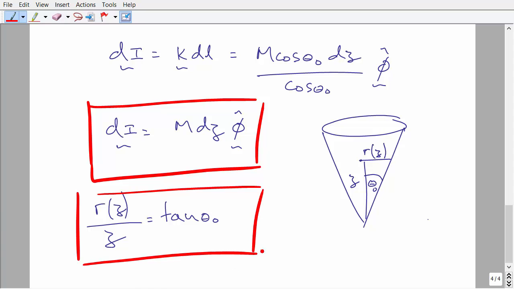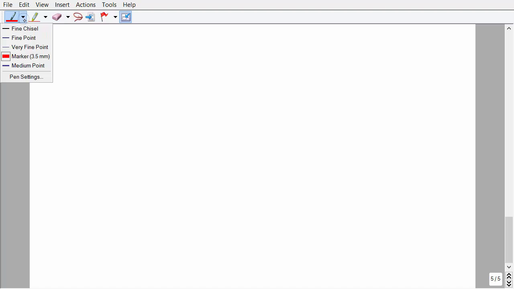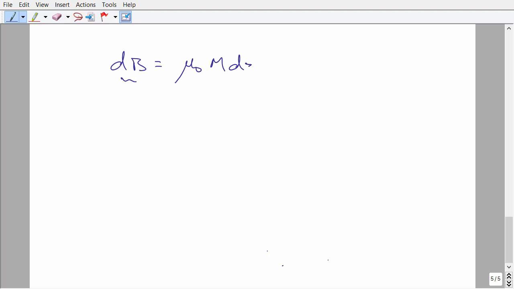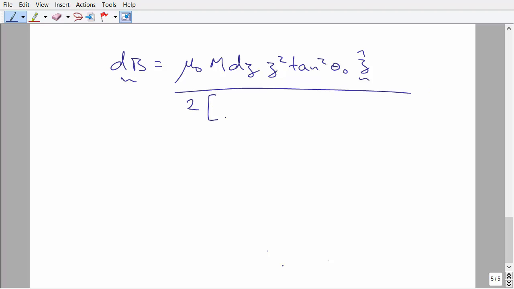Okay, so let's put all this together and let's see what we get. So if we substitute those results back into our equation for dB, we get the following results. All right, now I'm going to factor out, what shall I factor out?